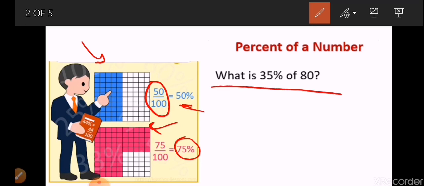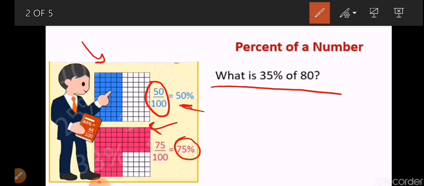Okay, we have a different question here. What is 35% of 80? It means if I have 80 squares, how many of them are colored to say it's 35%? Will it be 35 squares? Sure, no. Why? Because now it's out of 80, not out of 100. How can I get it?